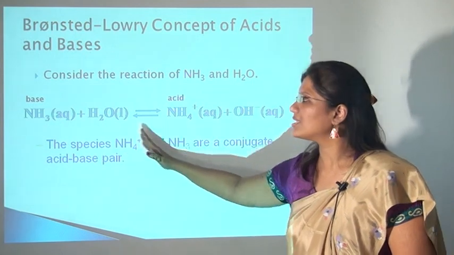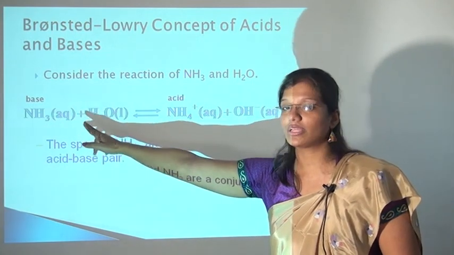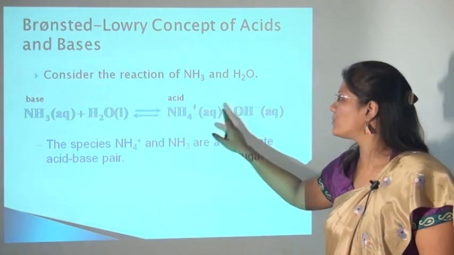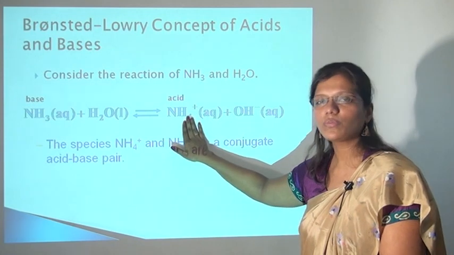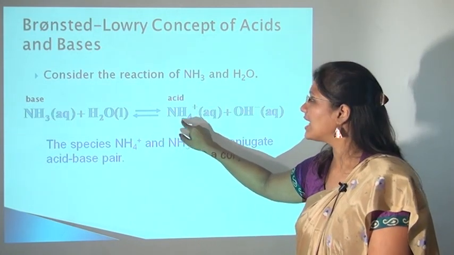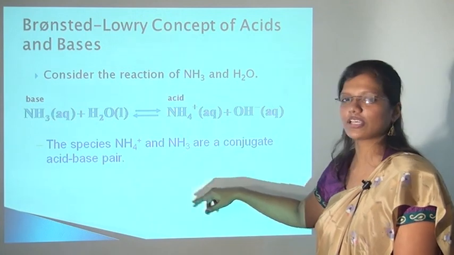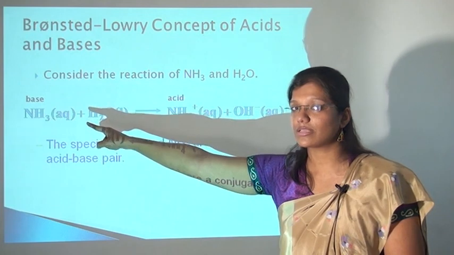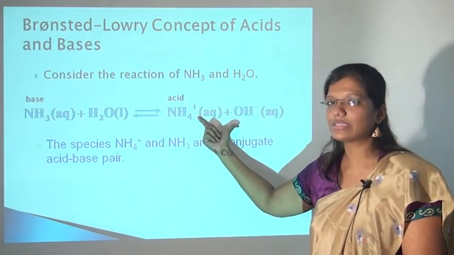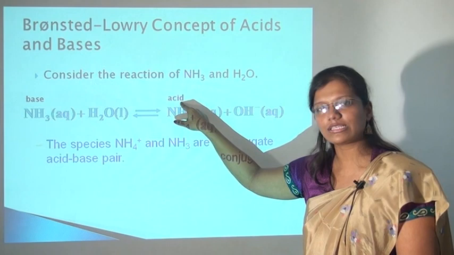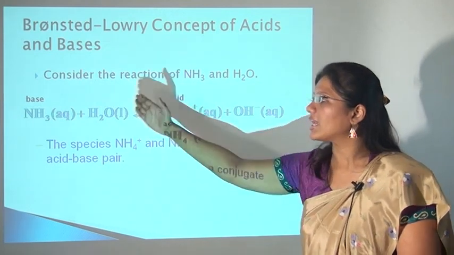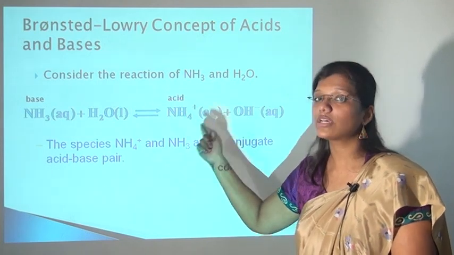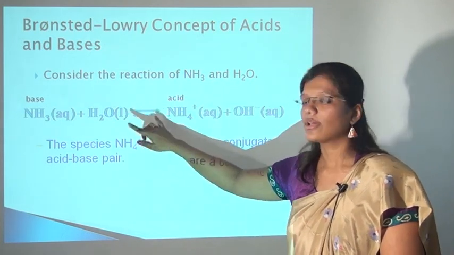Here H2O donates the ion to NH3, therefore NH3 becomes the base. On this side, NH4 plus has one more hydrogen ion, and it donates it to the OH minus ion, so it becomes the acid. You can see NH3 is a Lowry-Bronsted base, but on this side NH4 plus becomes a Lowry-Bronsted acid. The same way they can interchange, therefore they are known as conjugate acid-base pairs.